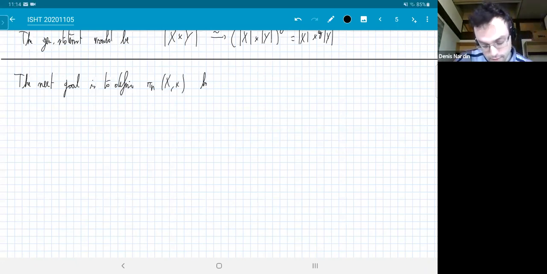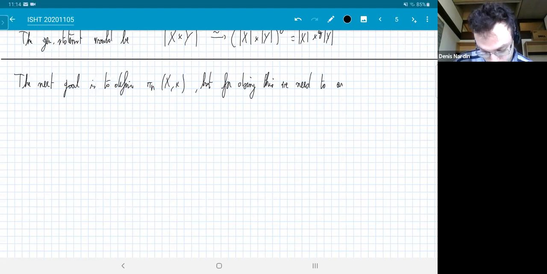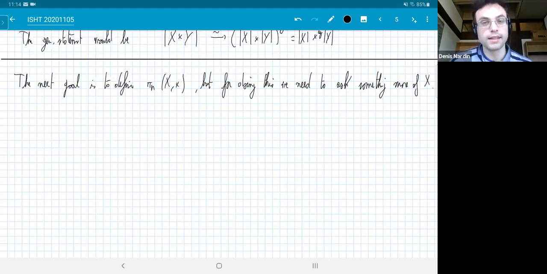But for doing this, we need to ask something more of X. X, a generic simplicial set, is not going to be enough to define its homotopy groups. You can sort of rig a definition, but it will be clear in a second why it's better to ask something more of X.